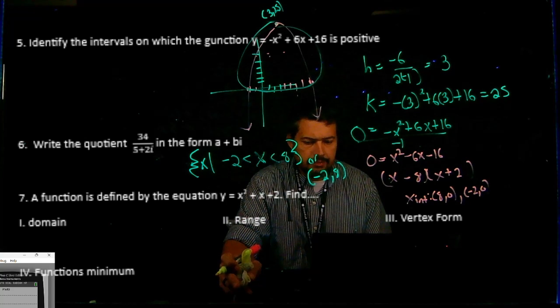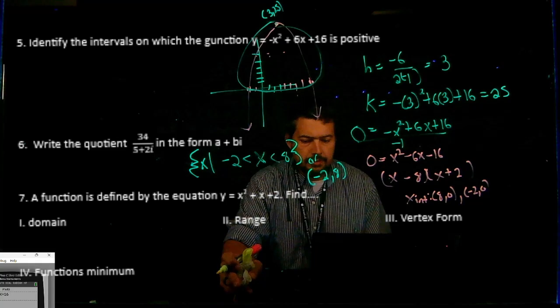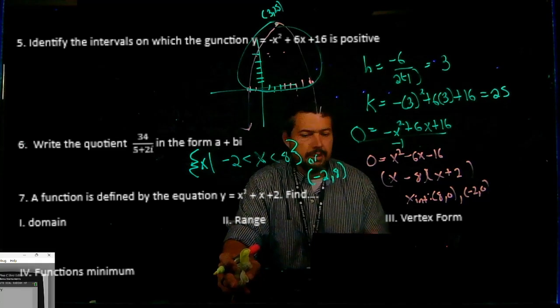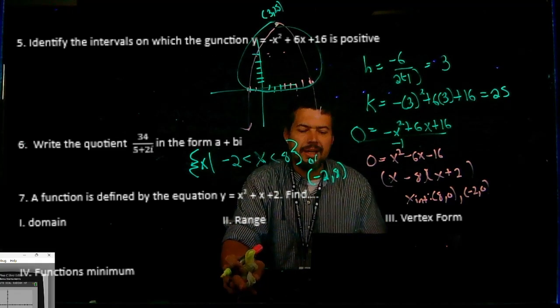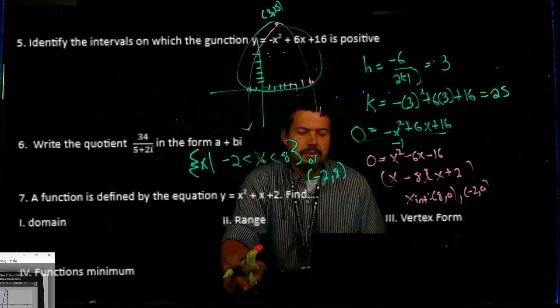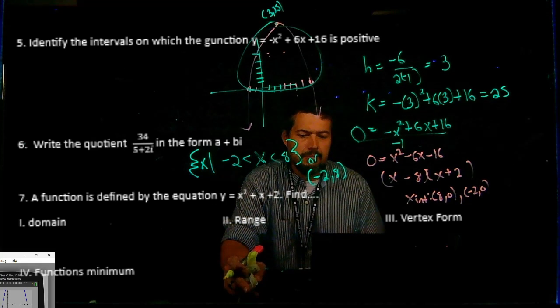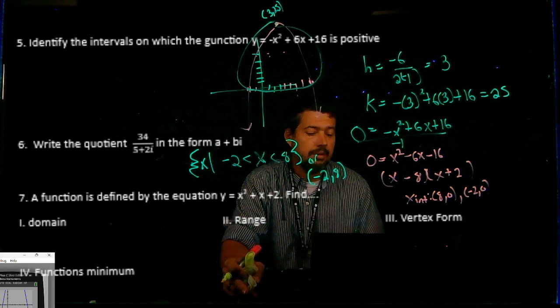But anyways, I could have typed in the original equation, negative x to the second plus 6x plus 16, and then done a zoom 6. And a zoom 6 probably would have been good enough. You wouldn't have seen the entire graph, but surely you could have figured out that I'm above 0, I'm positive, between x values of negative 2 and 8, by looking at the graph.